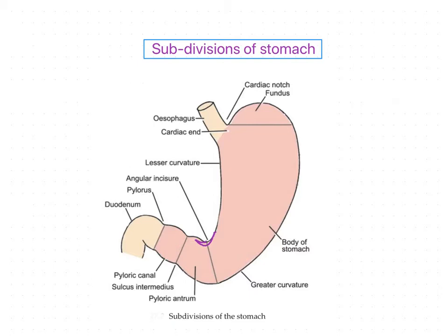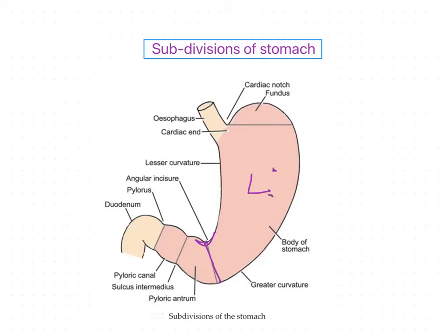If you draw a line downwards and towards the left from the incisura angularis, it divides the stomach into the larger cardiac part and the smaller pyloric part.